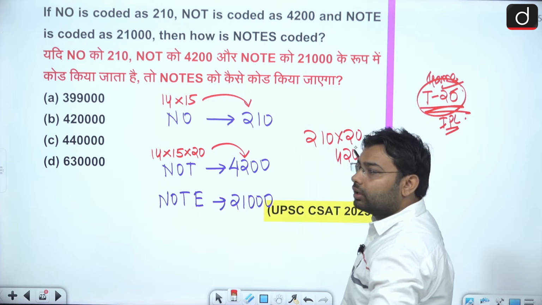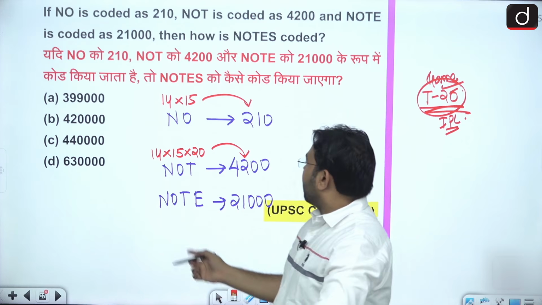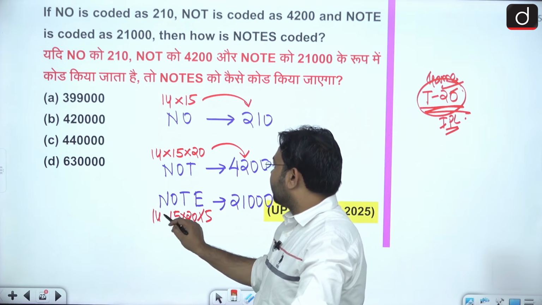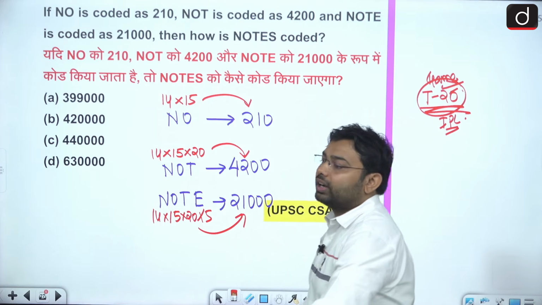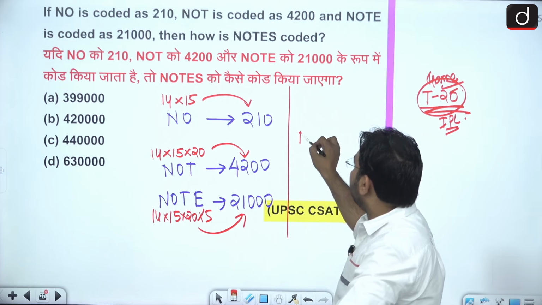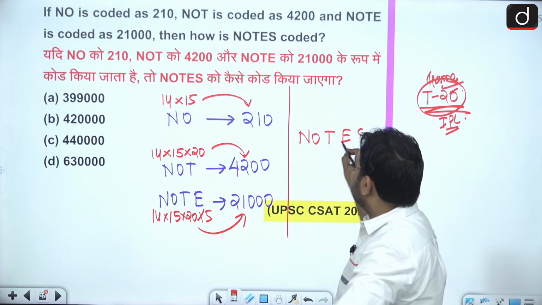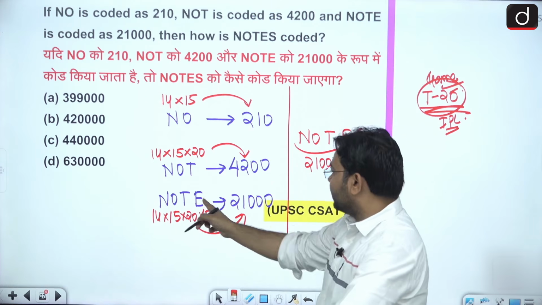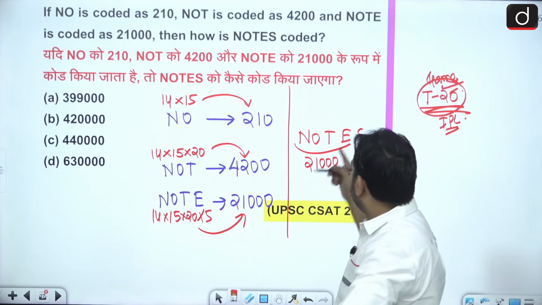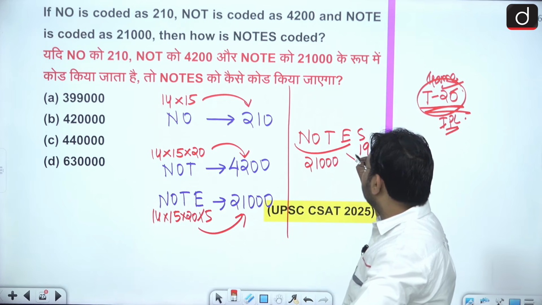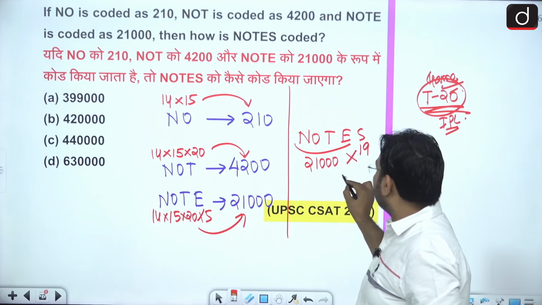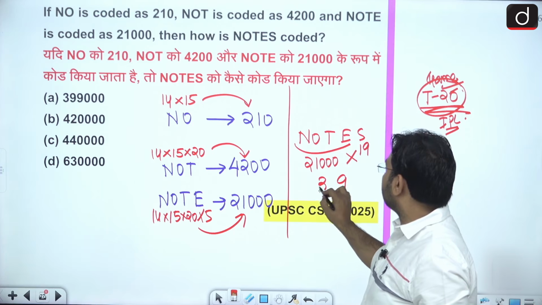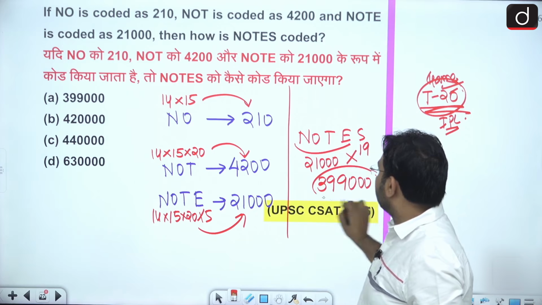Now N is 14, O is 15, T is 20 and E is 5, so this is 21000. Now he wants NOTES. NOTE is 21,000 and S is 19. So 19 into 21,000: 19 into 1 is 19, 19 into 2 is 38 plus 1 is 39. So 399,000 is your answer.